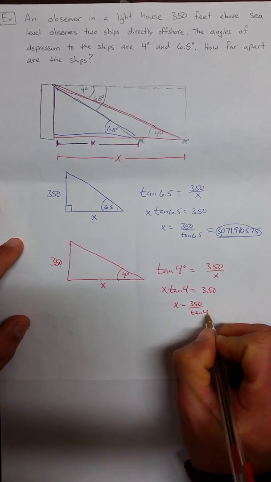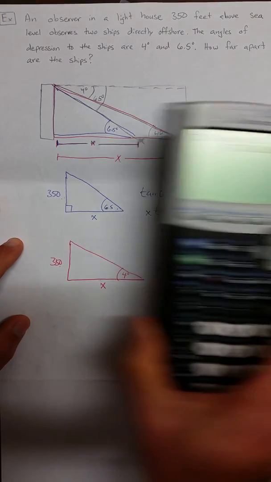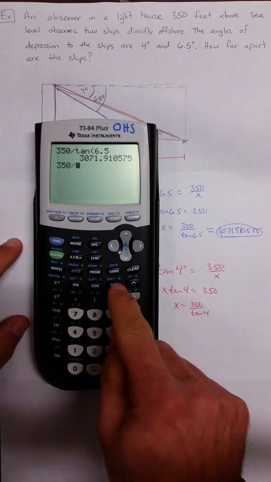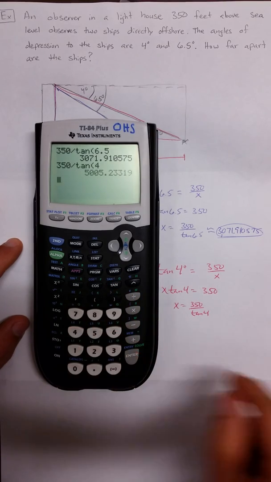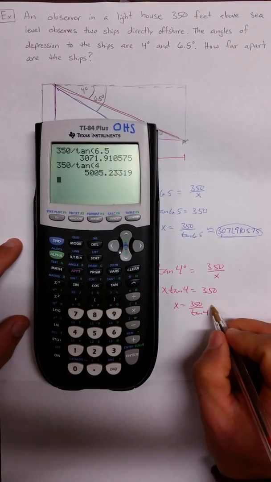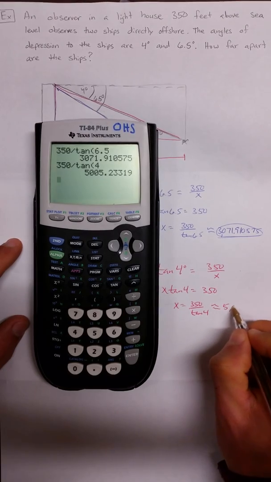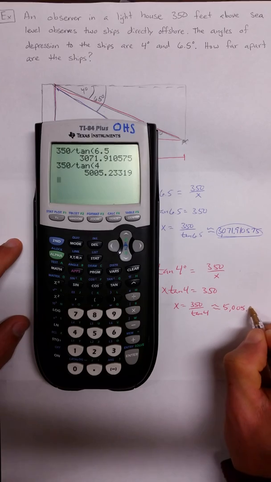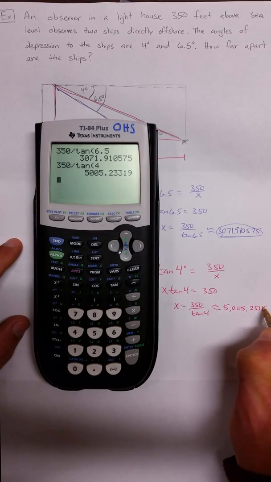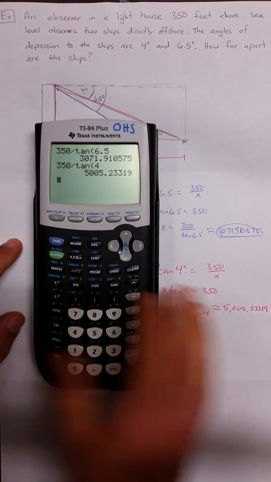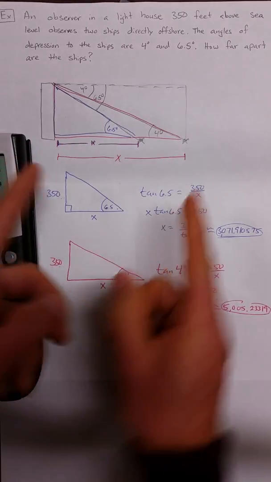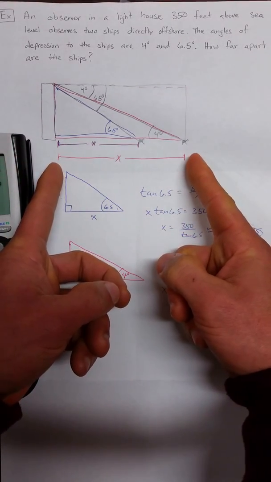So again, I'll need to use my calculator. And so I'll say this time it's 350 divided by the tangent of 4, and hit enter. And it looks like this one is approximately 5,005.23319. And now, like we said before, I know this distance here is 5,005 approximately.